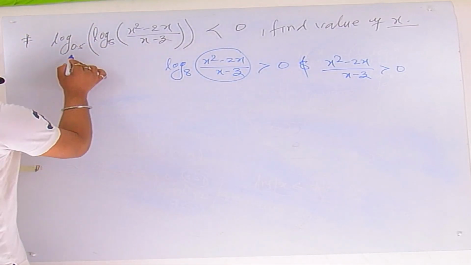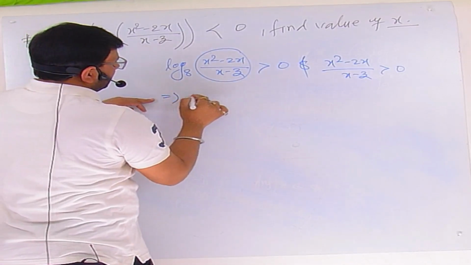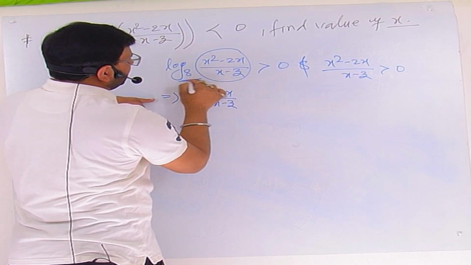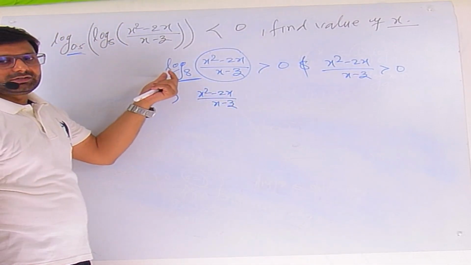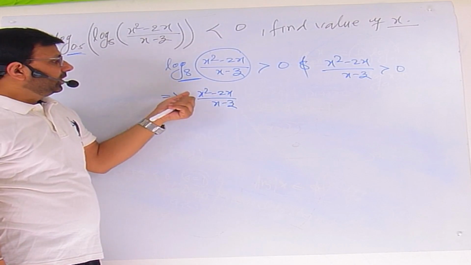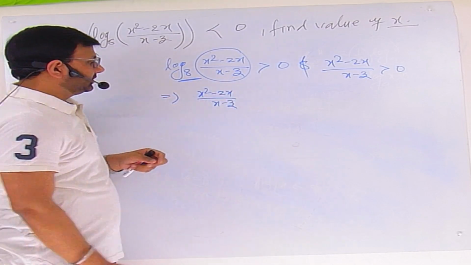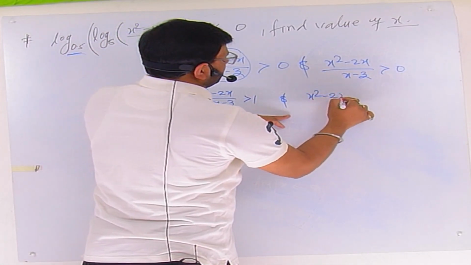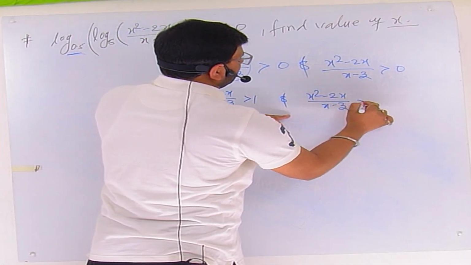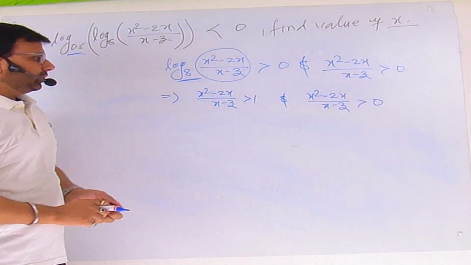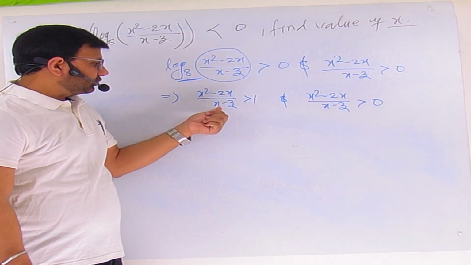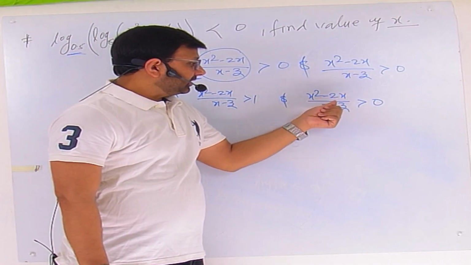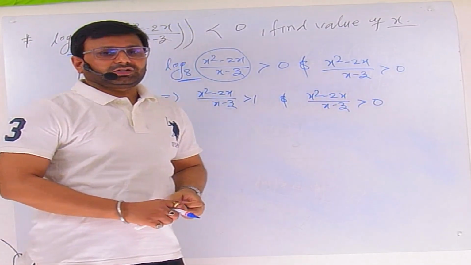Now solve this. Here the base is 8, greater than 1, so the sign of the inequality will not change. So we have x square minus 2x divided by x minus 3 greater than 1, and x square minus 2x divided by x minus 3 greater than 0.